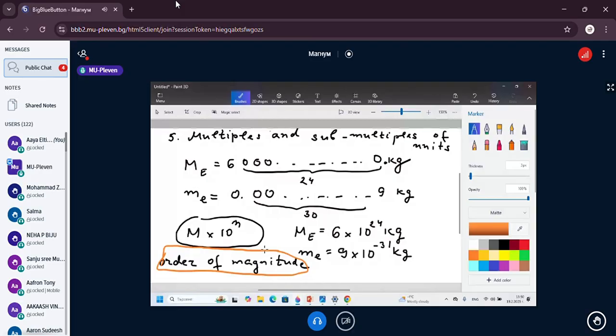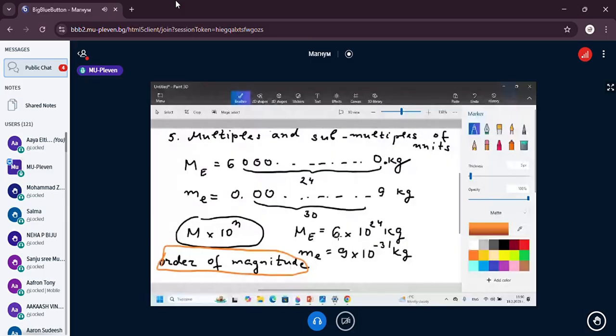So thus, how to approximate this number for the mass of the Earth to the nearest power of 10? We know that numbers above 5 are taken approximately as 10, below 5 as 1.